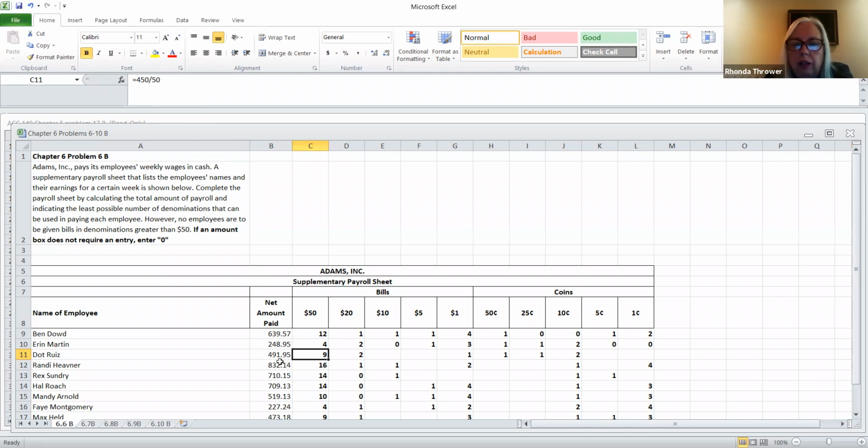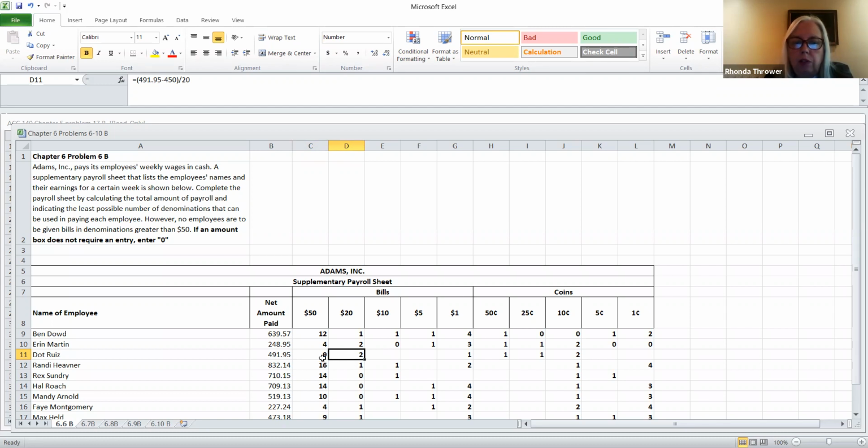That would leave us with $41.95 we would have to account for. We could get 2 $20 bills out of that $41.95. So that would bring us up to $490 even once we add in the 2 $20 bill amounts.